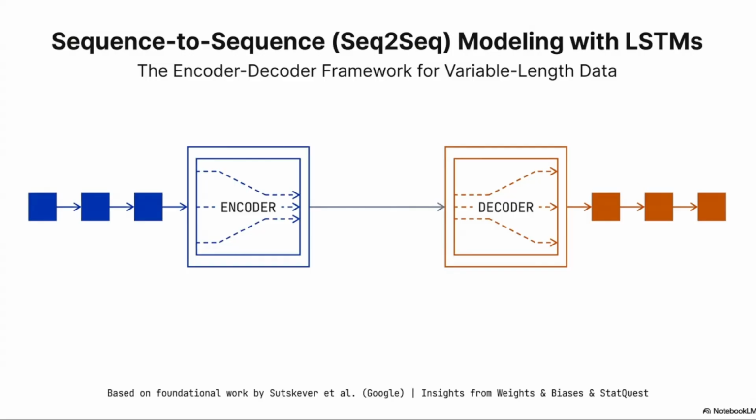With this model, they were able to replace thousands of lines of rule-based code with just a single model trained on data. So by the end of this session, you'll be able to understand the theory of how we map one sequence to another using the Encoder-Decoder framework.